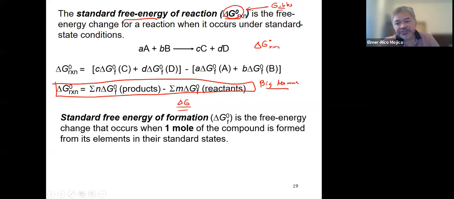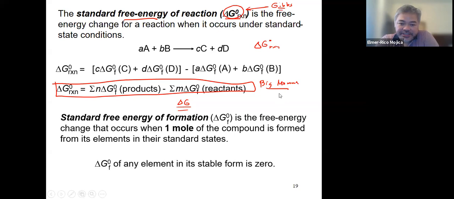Now the delta G and the delta H, there are conditions where the value that they have is equal to zero. That is when they are in their standard state. You will learn about that. So here, the delta G of any element in its stable form is equal to zero. The same thing with the delta H. So that's the thing that you're going to remember.